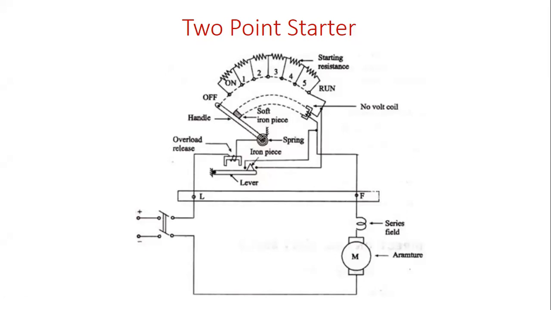Now again, we move the handle from the on position to position number 1. Then the amount of resistance available will be 1, 2, 3, 4, 5.